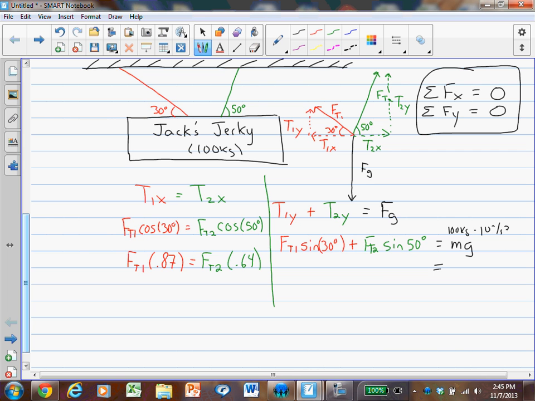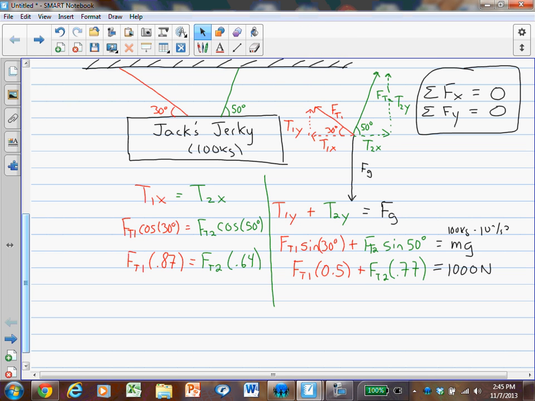So that's 1,000 newtons. Sine of 30 is 0.5. So we have Ft1 times 0.5 plus Ft2 times the sine of 50, which is 0.77. So we have two equations and two unknowns, and we're looking for the tensions in the rope, Ft1 and Ft2.